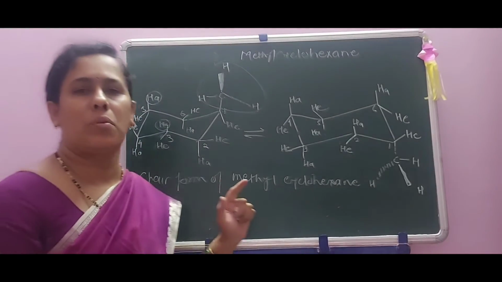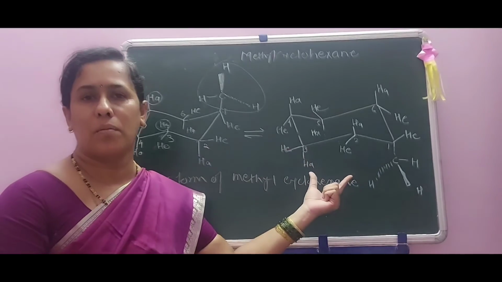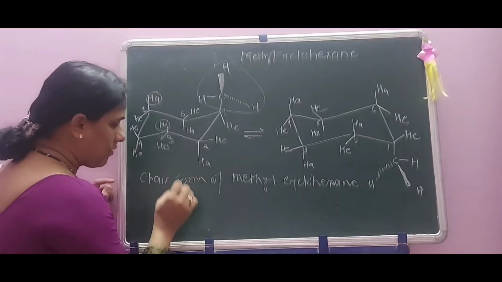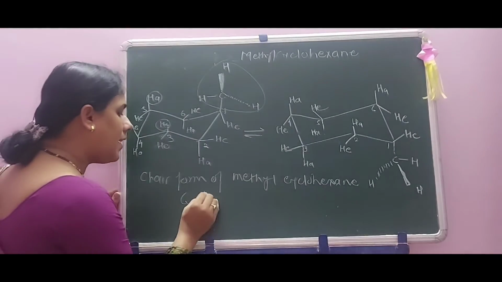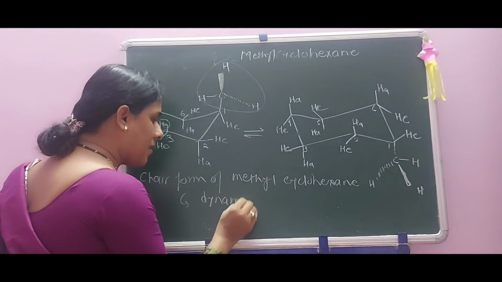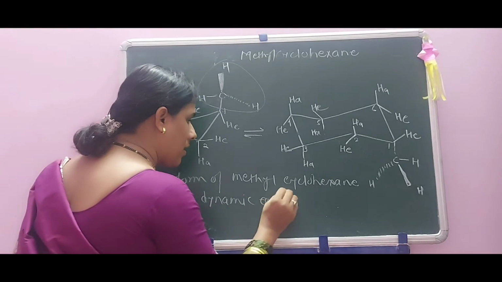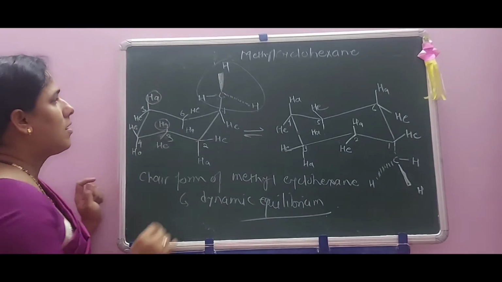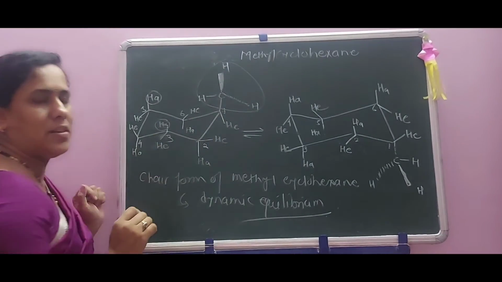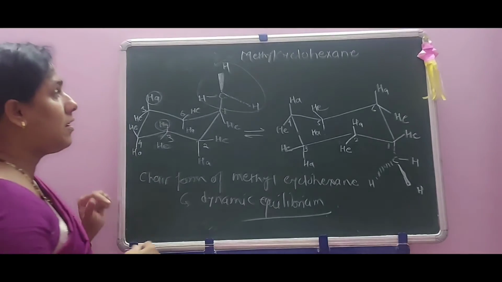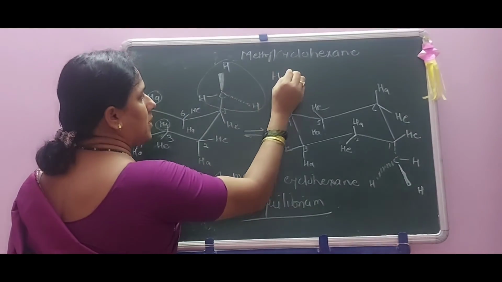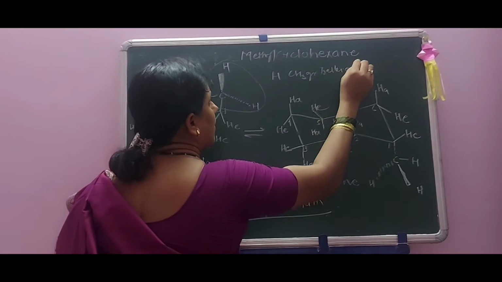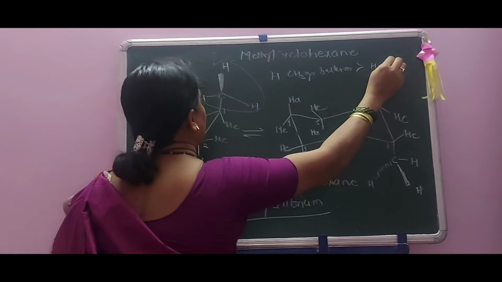At normal room temperature, these two conformers of cyclohexane with a methyl group are in dynamic equilibrium. As far as the methyl group is concerned, it is much bulkier than the hydrogen atom. That is, the CH3 group is bulkier than the hydrogen atom.